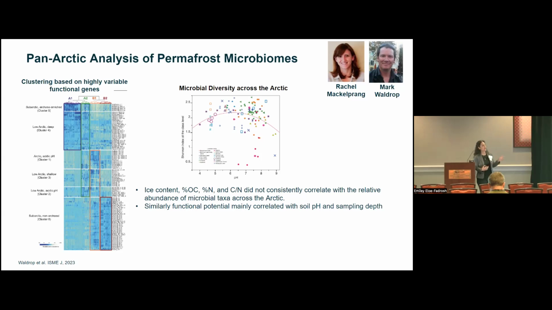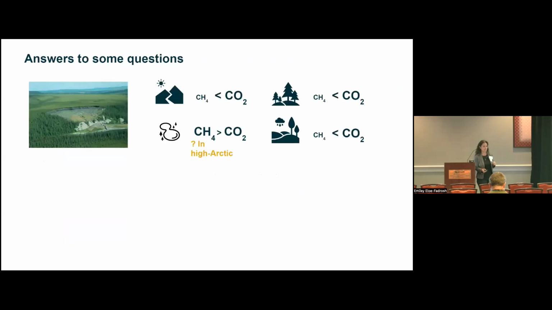What we found was a very strong pH effect in the soils that most of the primary functions were correlated with. There were so many things that we could explain and so many things that we could not. There was really a huge paleo-environmental effect that we couldn't explain, but we would not have seen if we were not doing this big meta-analysis.